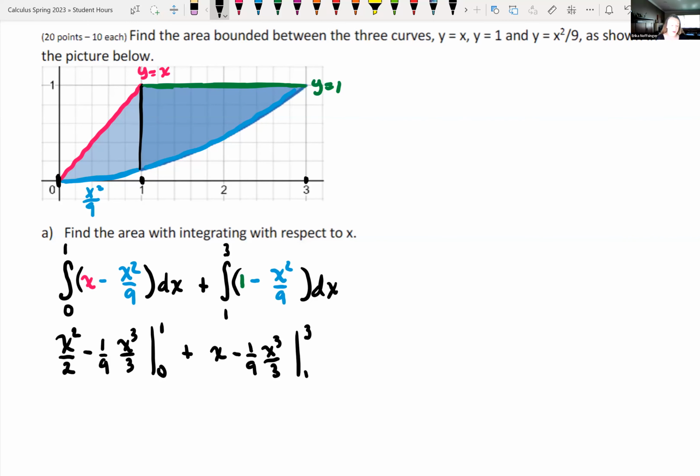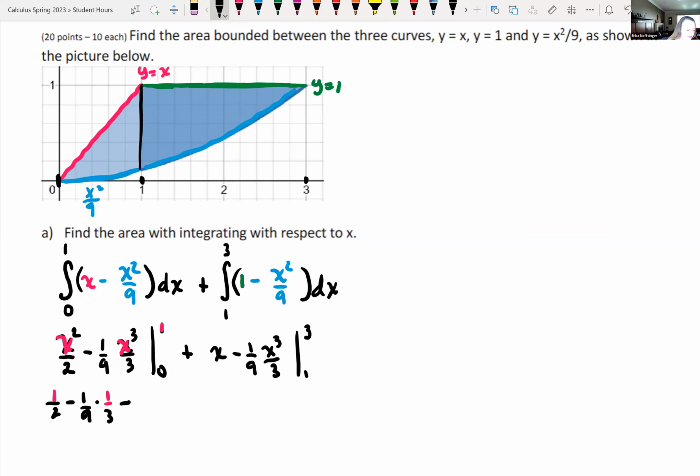Okay, so recall that when we're looking at definite integrals, we first plug in the upper bound wherever we see an x, and then we plug in the lower bound wherever we see an x. So plugging in 1 wherever we see an x, we have 1 squared, which is 1, divided by 2, minus 1/9 times 1 cubed, which is 1, divided by 3.